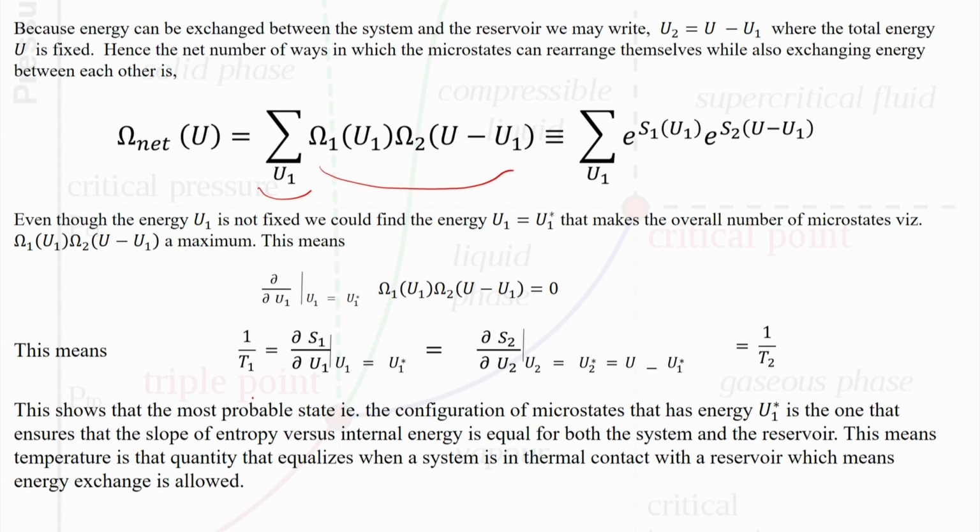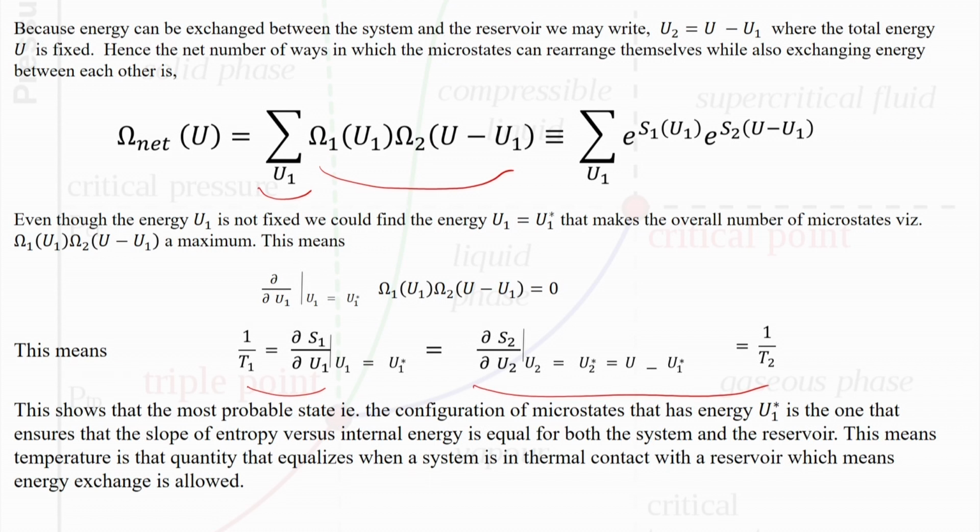When you do that, you are able to convince yourself that there is a physical meaning to the slope of the entropy versus internal energy. It is not merely formally defined as the reciprocal of the absolute temperature.